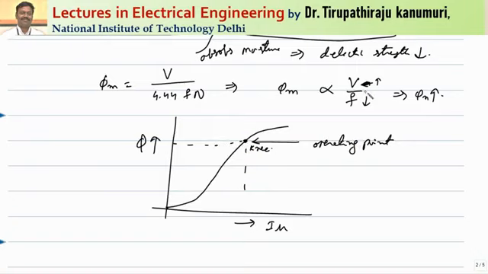Now what happens is, either the voltage is increased or the frequency is decreased, and the amount of flux required will increase. But even for a small change in flux, the change in the magnetizing component will be very high. So the difference in I mu will be very high even for a small change in the flux.